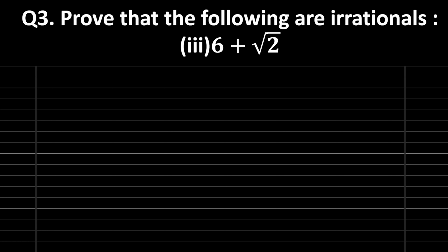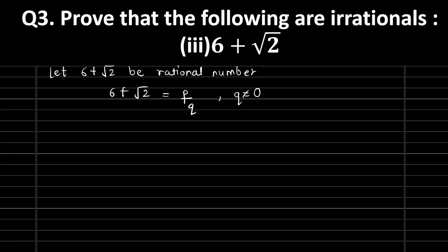Now this is the third subpart of question number 3, 6 plus root 2. Here we have to prove that 6 plus root 2 is irrational. So again we will follow the same procedure. We will write that 6 plus root 2 is a rational number, which implies that we can write 6 plus root 2 is equal to p upon q, where q is not equal to 0.